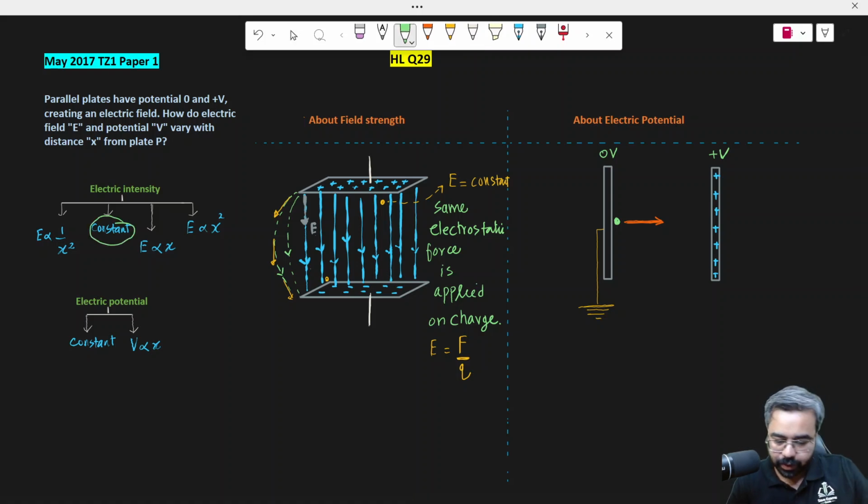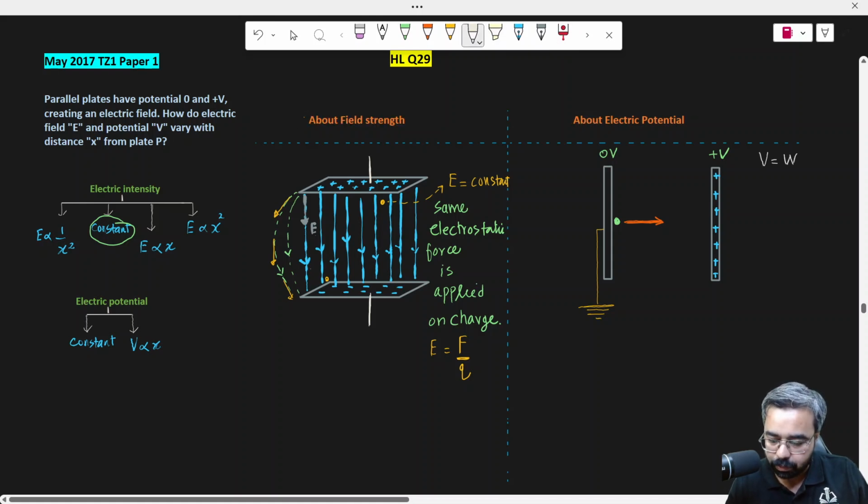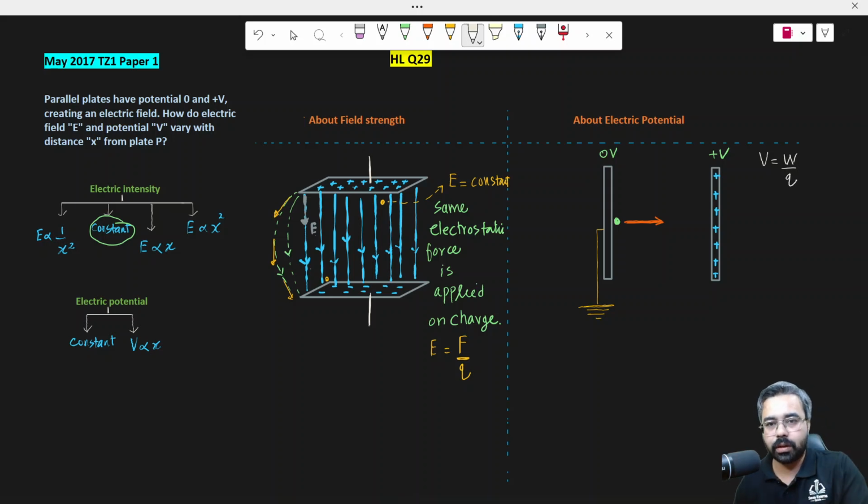And the second reason is, dear students, if you look at these parallel plates, I will show you how the electric potential changes from 0 volt to the maximum value, because electric potential is the work done per unit charge. As you move the charge from zero potential to the maximum potential, the work done increases, meaning the energy stored in the charge increases if it is a positive charge.